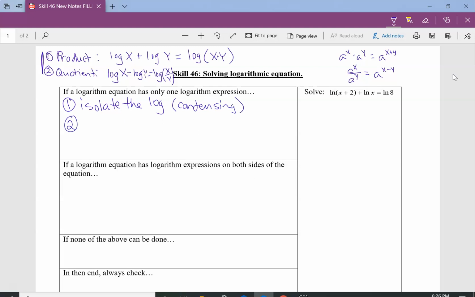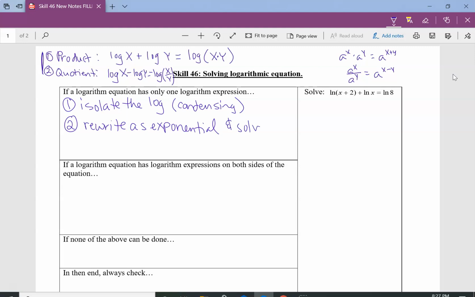Step 2 is going to then be to rewrite as exponential and solve.